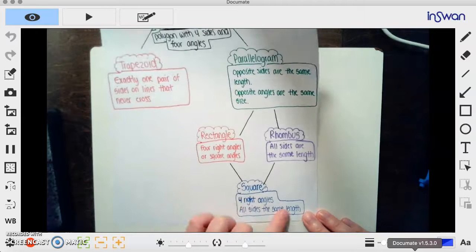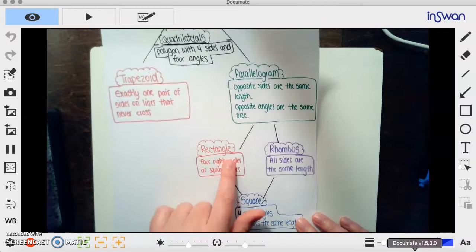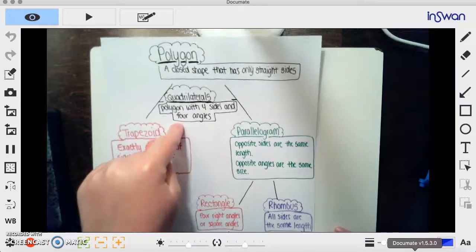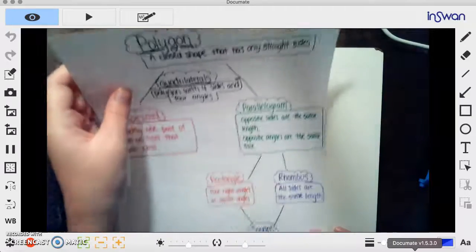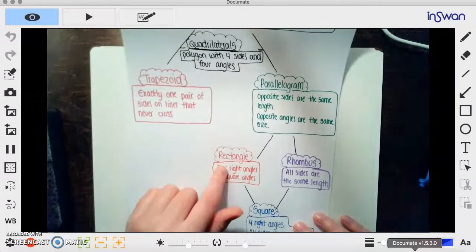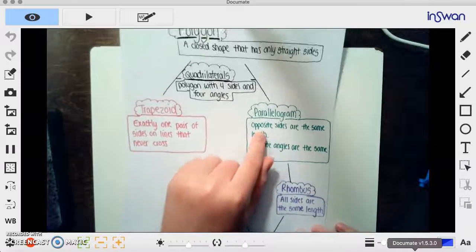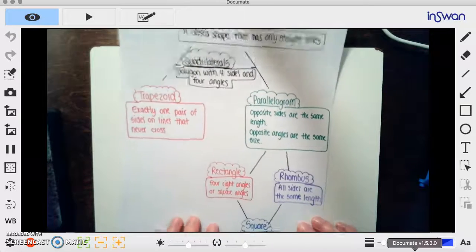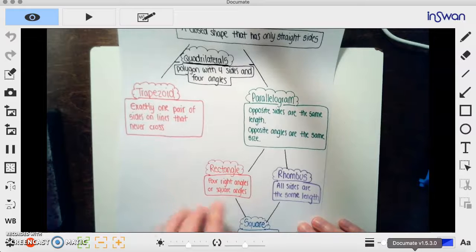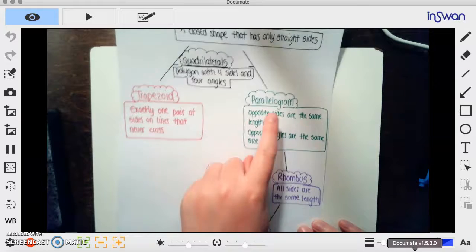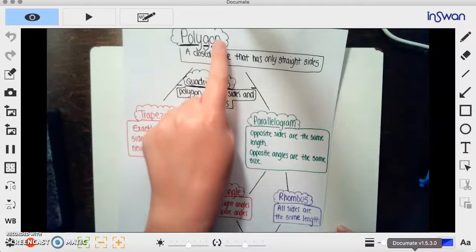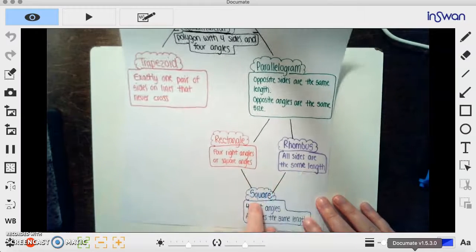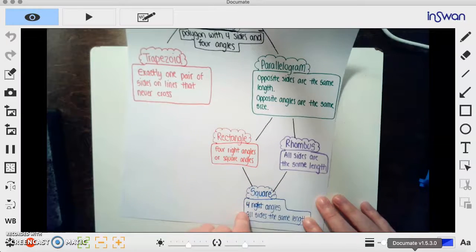So every square is also a rectangle, a rhombus, a parallelogram, a quadrilateral, and a polygon. Every rectangle is also a parallelogram, a quadrilateral, and a polygon. Every rhombus is also a parallelogram, a quadrilateral, and a polygon. But not all rhombuses are squares, and not all rectangles are squares.